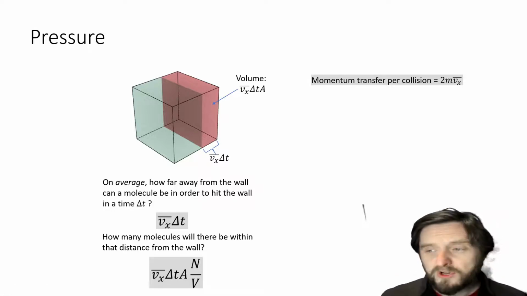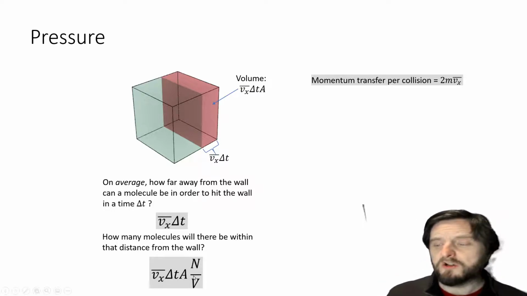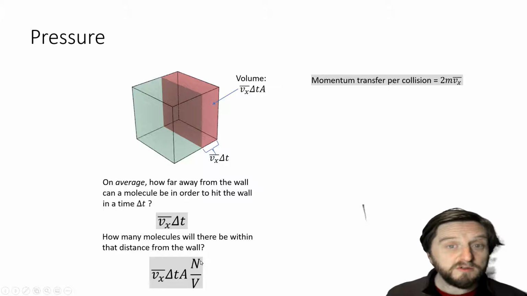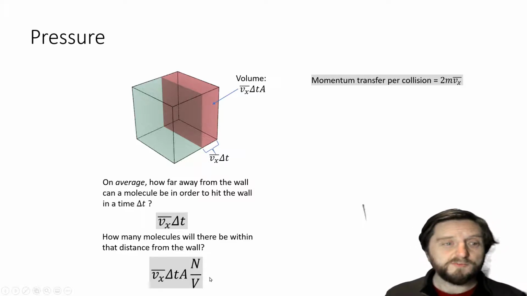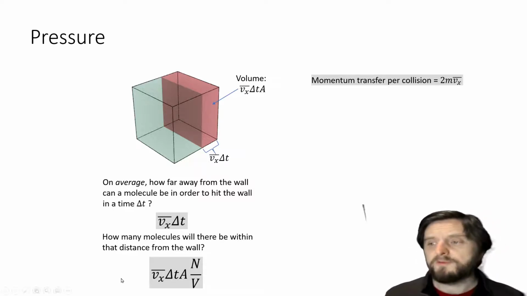So how many molecules does that correspond to? Well, it's going to be the total number of molecules in the whole box divided by the volume of the box. That gives you the number of molecules per unit volume, times the volume of that slice.